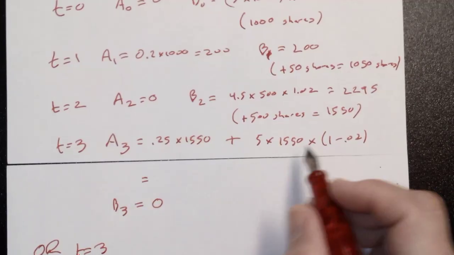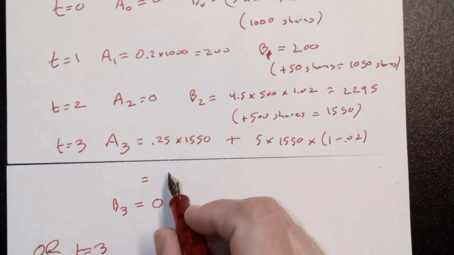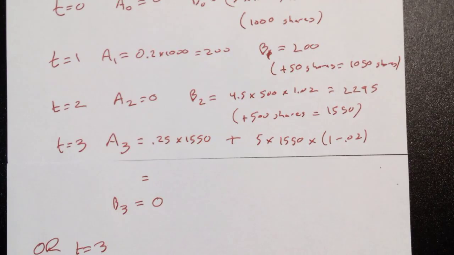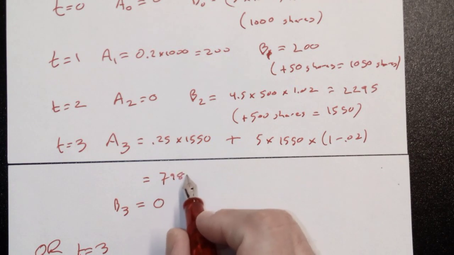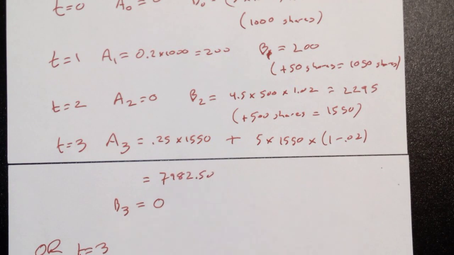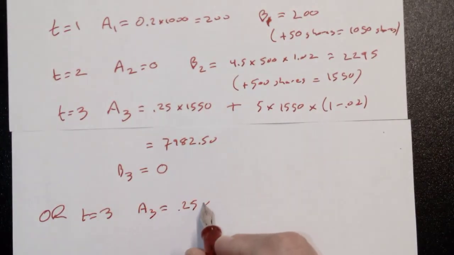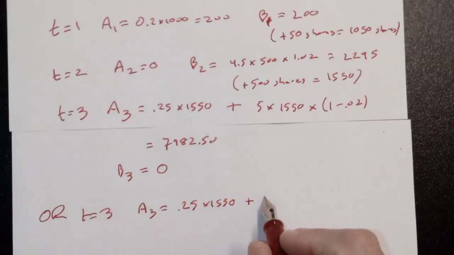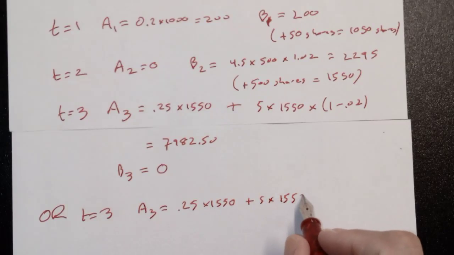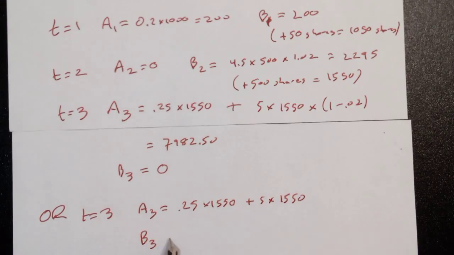So here, this number is the other way to do it, Joe, is exactly that. I can say that A3 is my dividend times all my stock plus the selling price of all of my stock, and my cash paid is 0.02 times the sell of the stock.